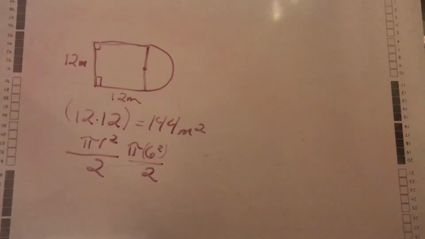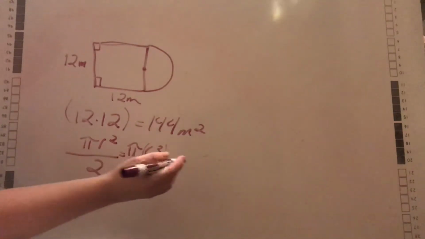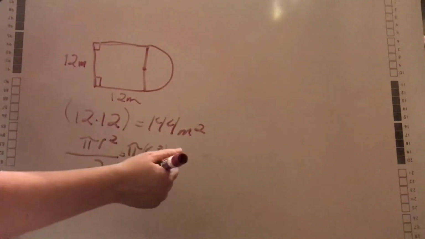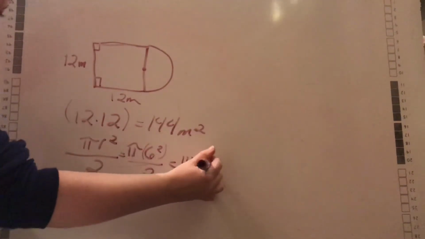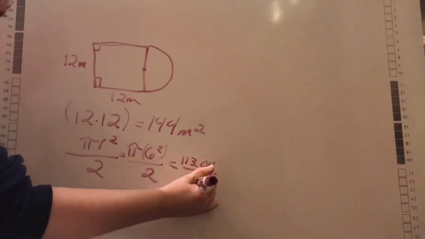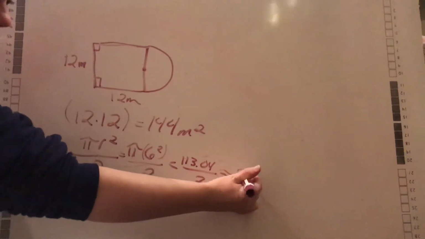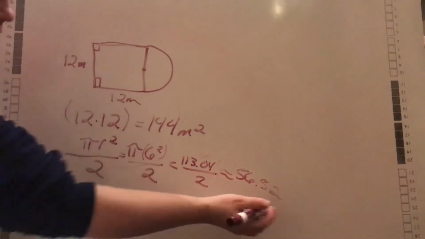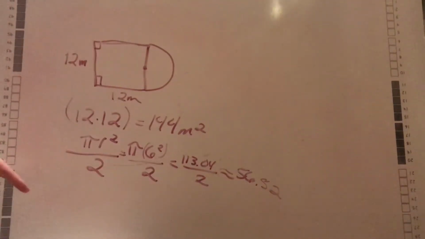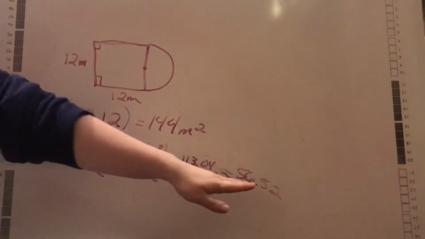Well, 6 squared is 36, times pi is going to be 113.04 over 2, and that's going to equal about 56.52. Now, to find the area of this entire thing, we would just add this to this.